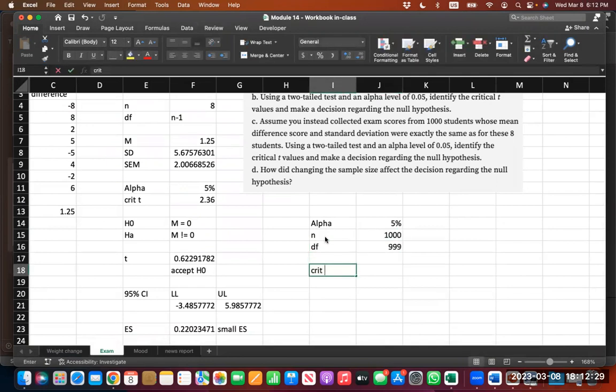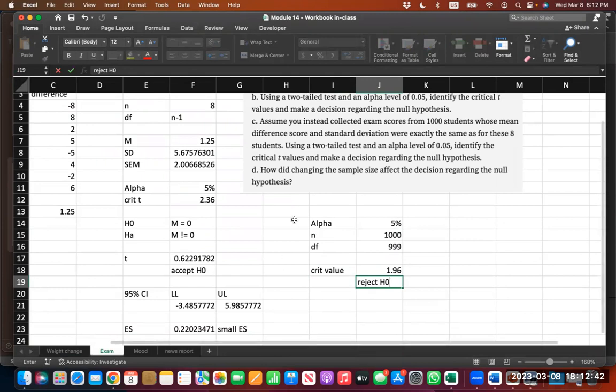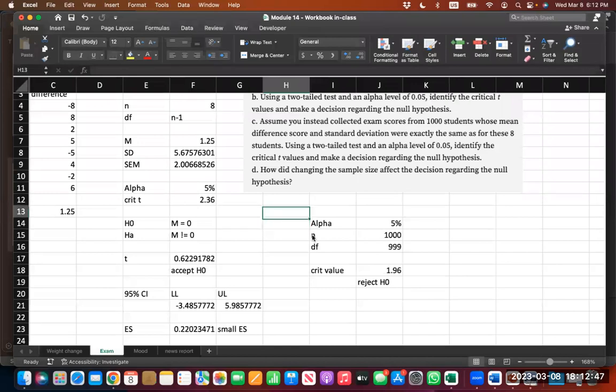Your critical value here is 1.96. However, even though this was the case, you're still rejecting the null. So this is your example C.